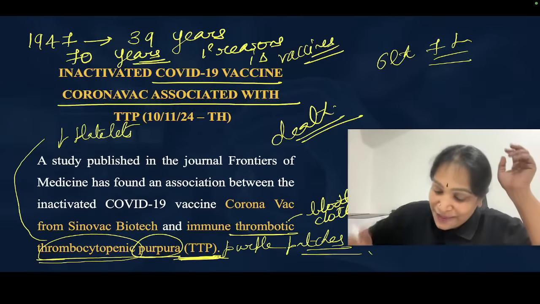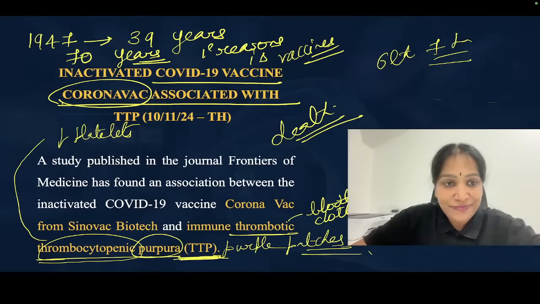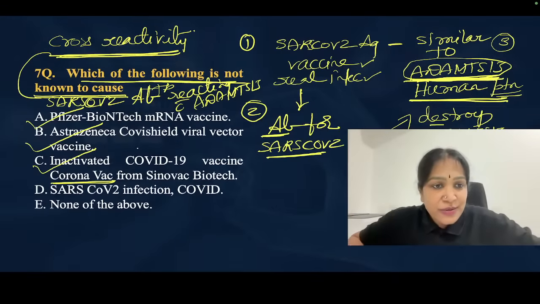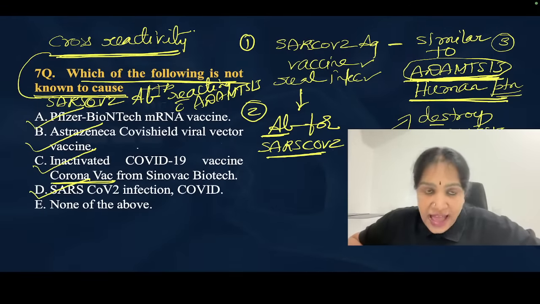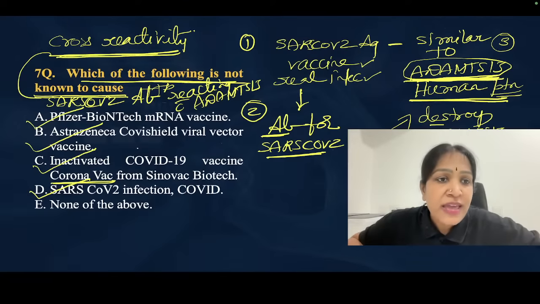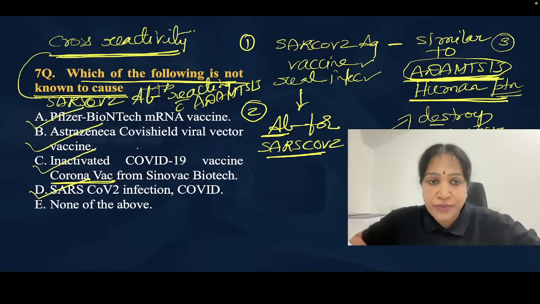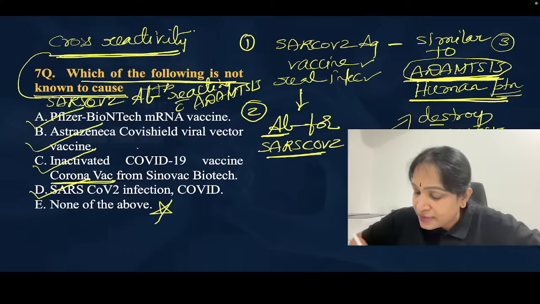Okay, the news is about CoronaVac. Yes. Then SARS-CoV-2 infection. Yes, the actual infection also will cause TTP. So, is not known to cause TTP, none of the above. The right answer is E. E is the correct answer.